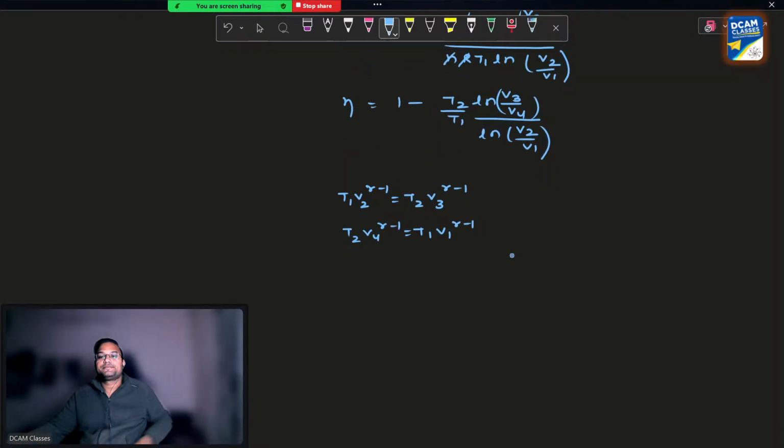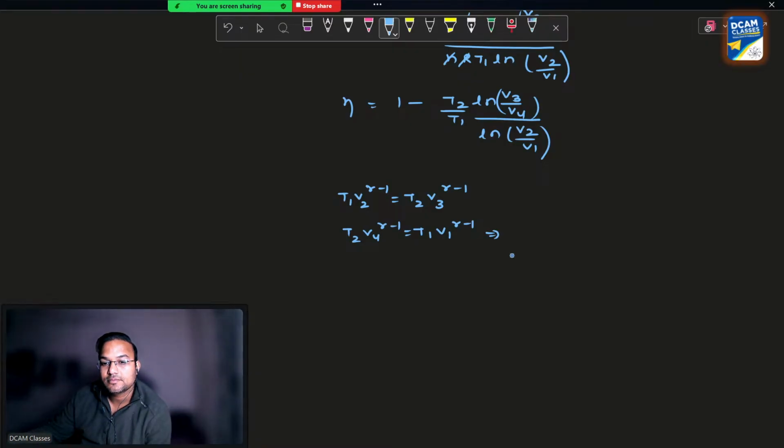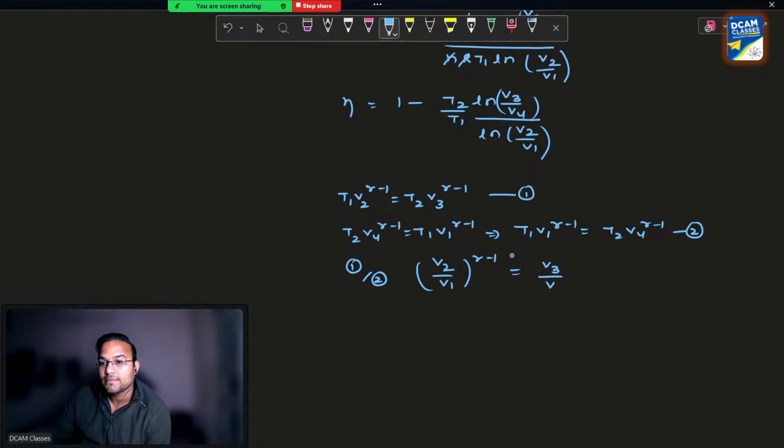Now see, if I write it like this, T1 V1 power gamma minus 1 is equal to T2 V4 power gamma minus 1. And just divide equation 1 by 2. What you'll get? V2 by V1 power gamma minus 1 is equal to V3 by V4 power gamma minus 1.